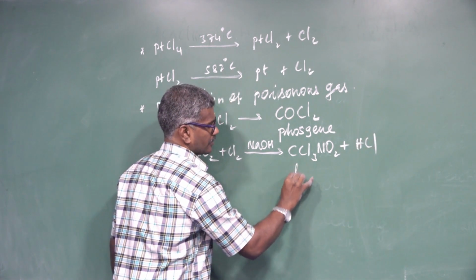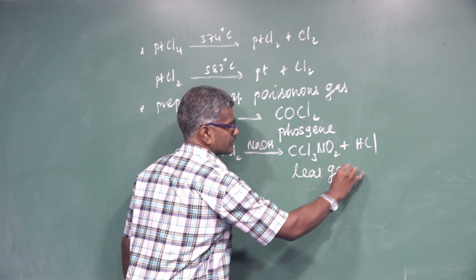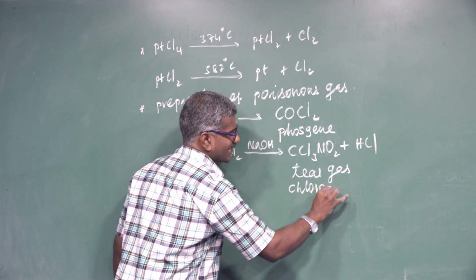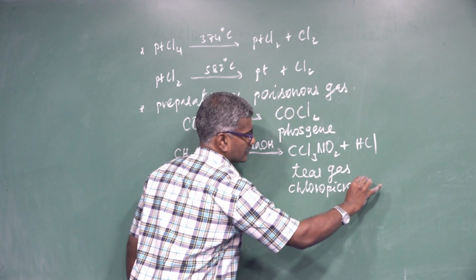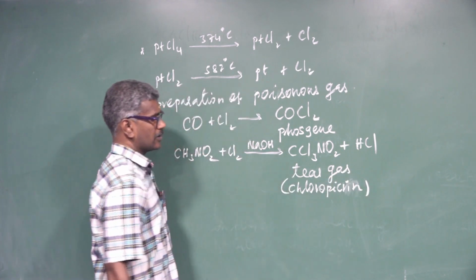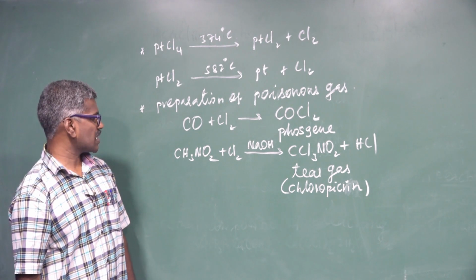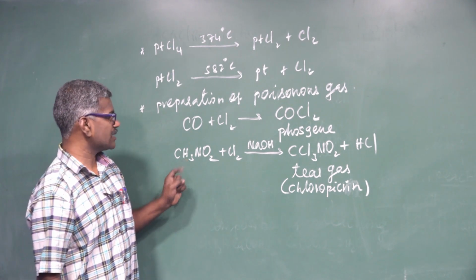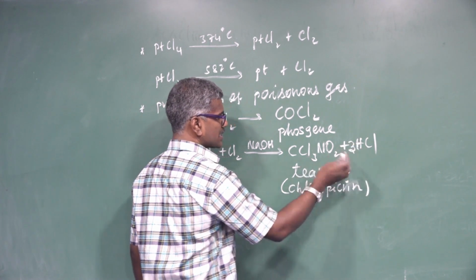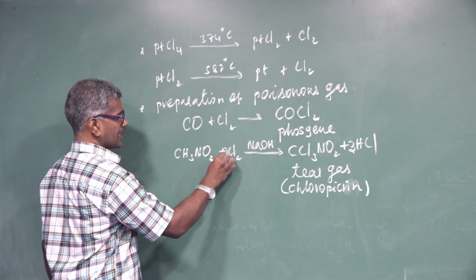This is chloropicrine. That is a poisonous gas. Balance equation. Common hydrogen 3 hydrogen, here 3, 1 hydrogen, so 3 times. Common chlorine 6 chlorine, here 3 times.